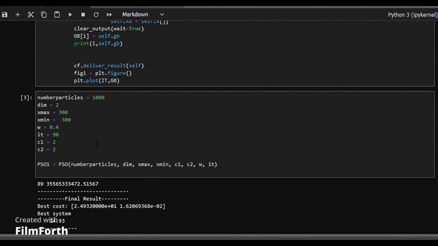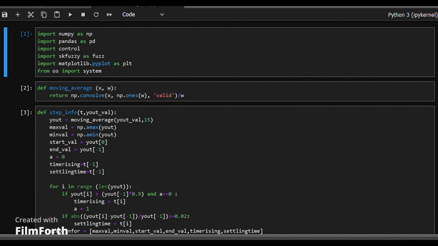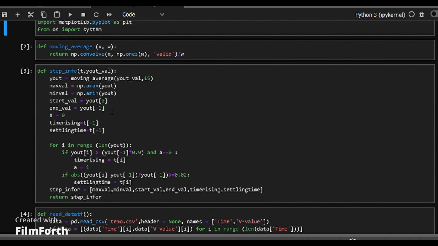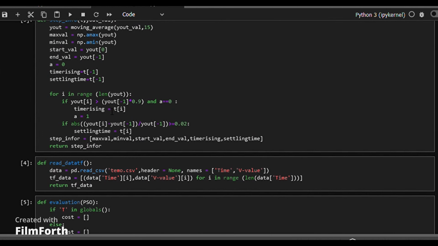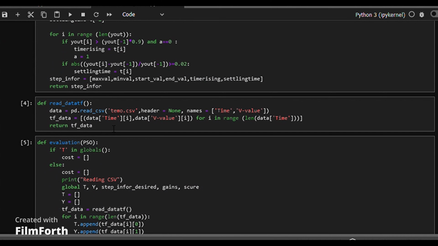After this, we only have the principal values for the number of particles, dimension, max, min, W, ET, C1, C2, and in this part we call the function PSO. For this, we need to put this part. Well, in this part we have NumPy, the moving average, the step info, and the read database.